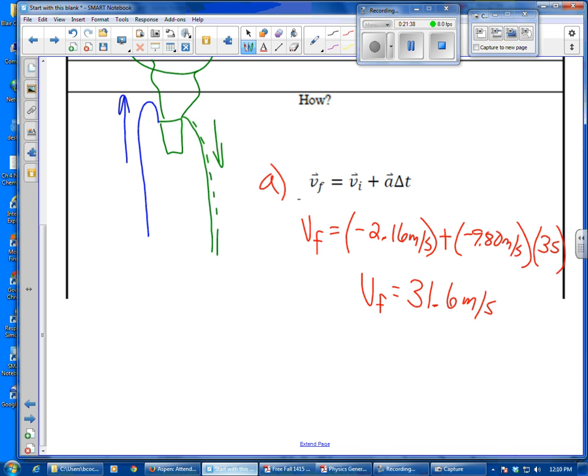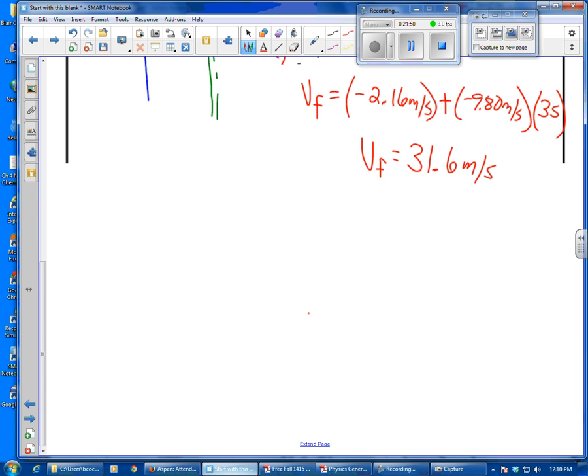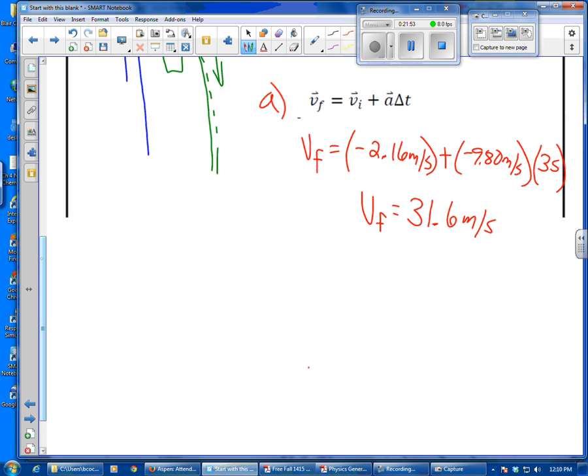It's how fast you're going, not what direction. I need to keep my negatives in there, otherwise, if I have one negative and not the other one, it won't be a happy camper. But then moving on to part B, unless there are questions on part A. Nope. Yes?